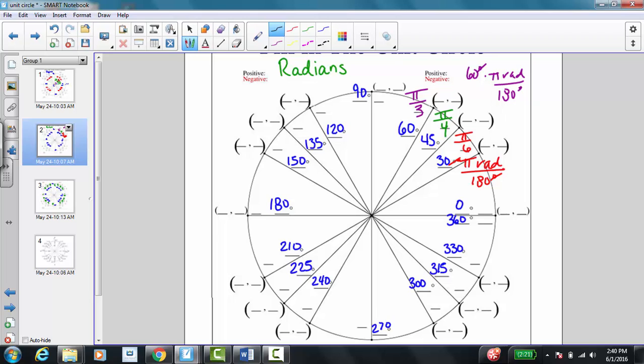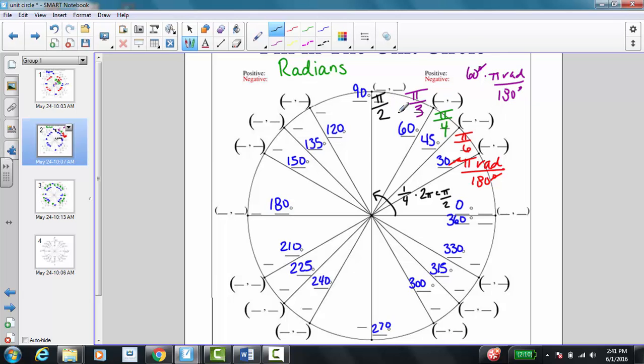For 90 degrees, we talked about this in the radian video, that I'm basically rotating a quarter of the way around the unit circle. So again, in that video, we said 1/4 of a full rotation, which is 2 pi, gives me pi over 2. So for 90 degrees, my radian measure is pi over 2.